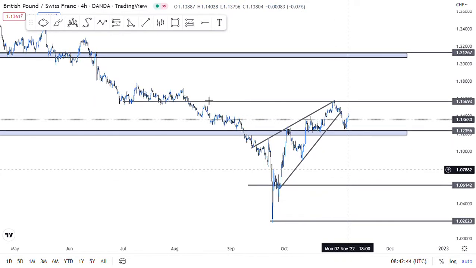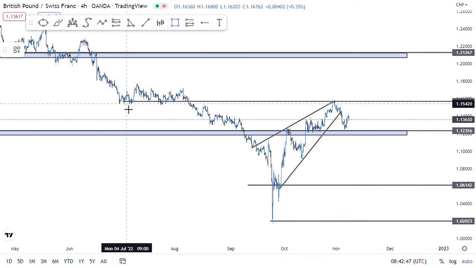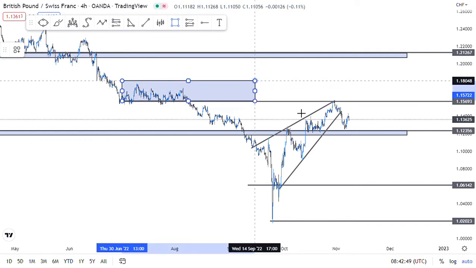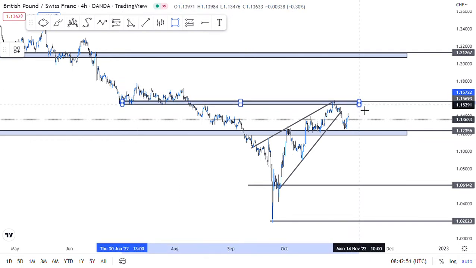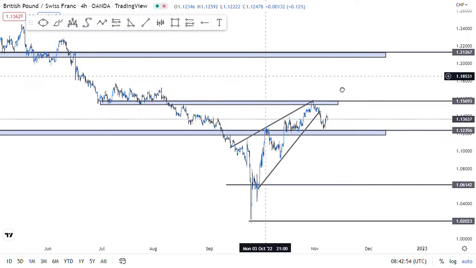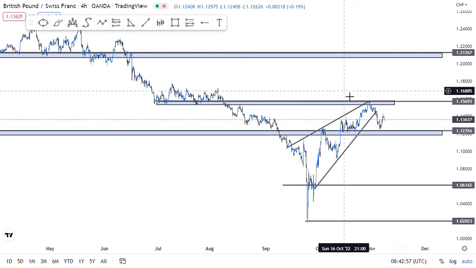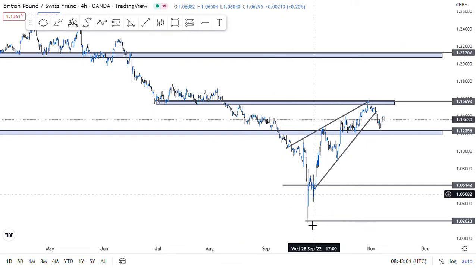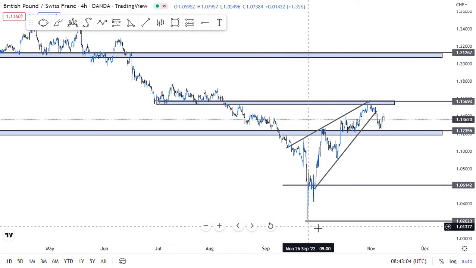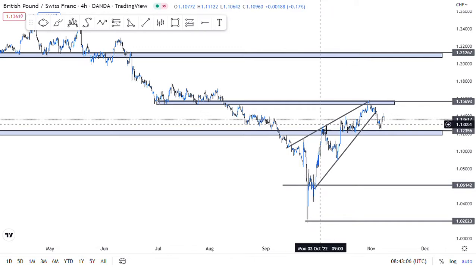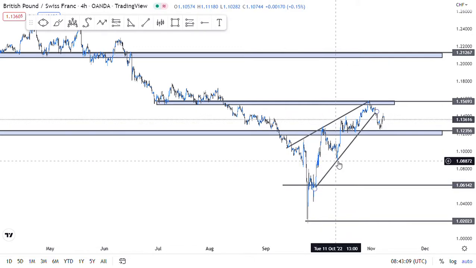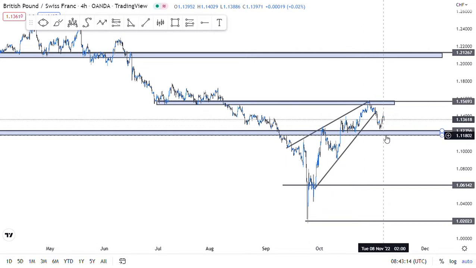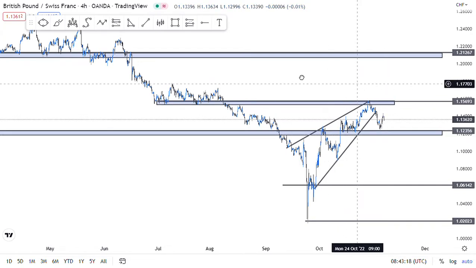So this is what I'm seeing on GBPCHF. Just marking up the zones, because GBPCHF has been on a downtrend, and now it has made our lowest low right here, and then we had a new higher high, and then a low, and then our highest high and our lower high.